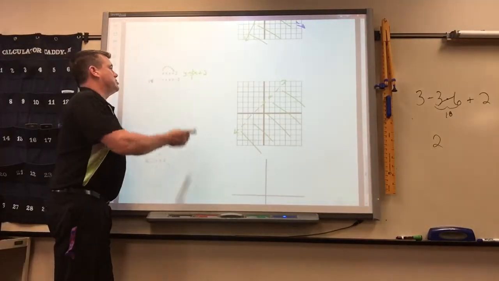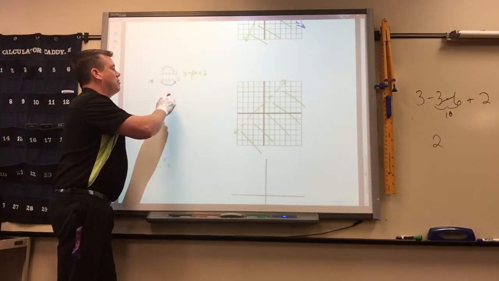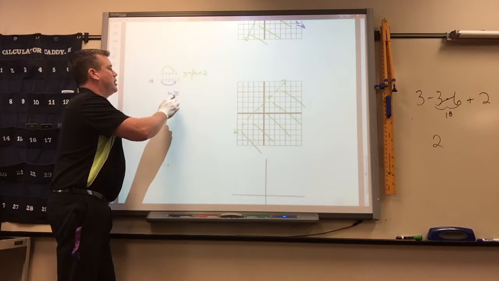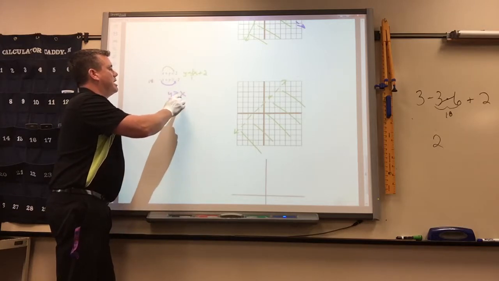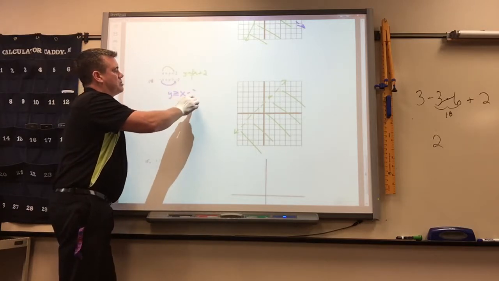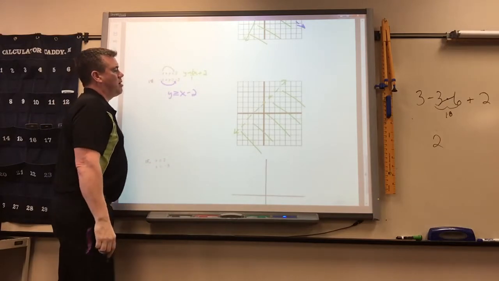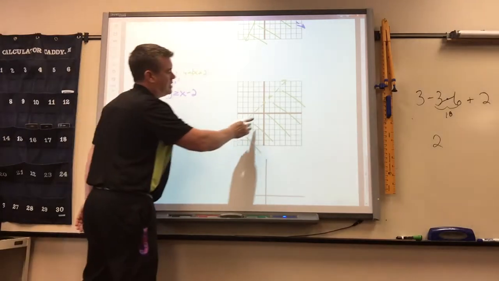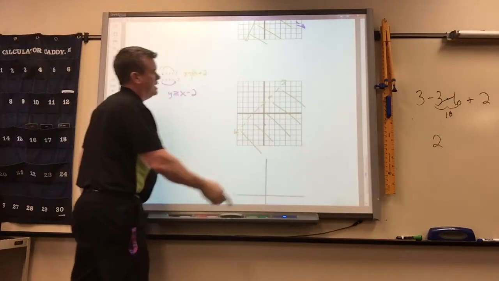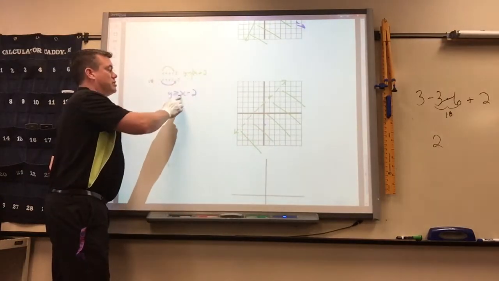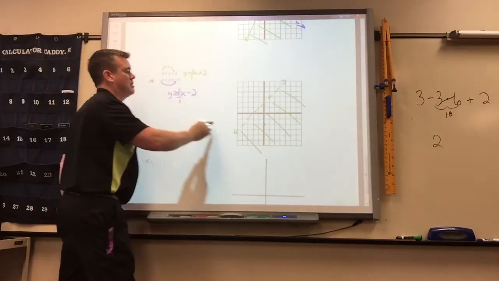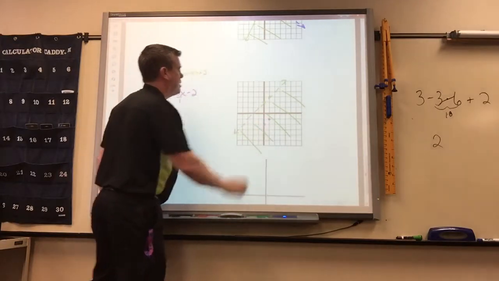Then this one's almost the same. You move the negative x over, it would be y is greater than or equal to. That would change to positive x, and then that didn't move, so that just stays negative 2. So this crosses at -2. It's got the same slope as this one, so they'll be parallel. Up 1 over 1.